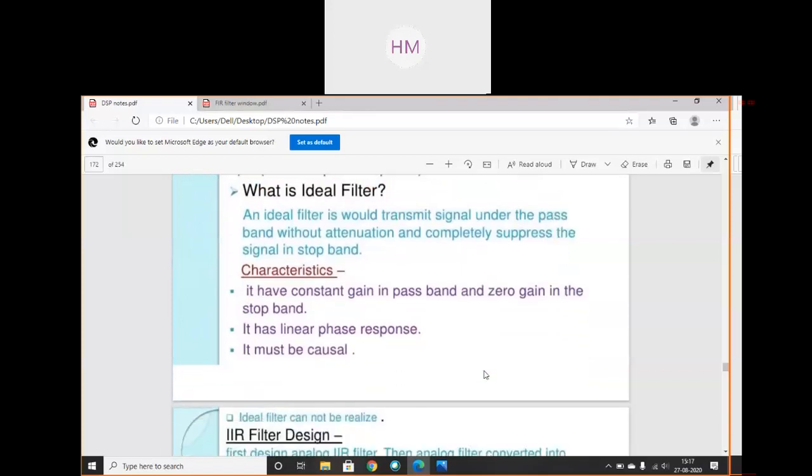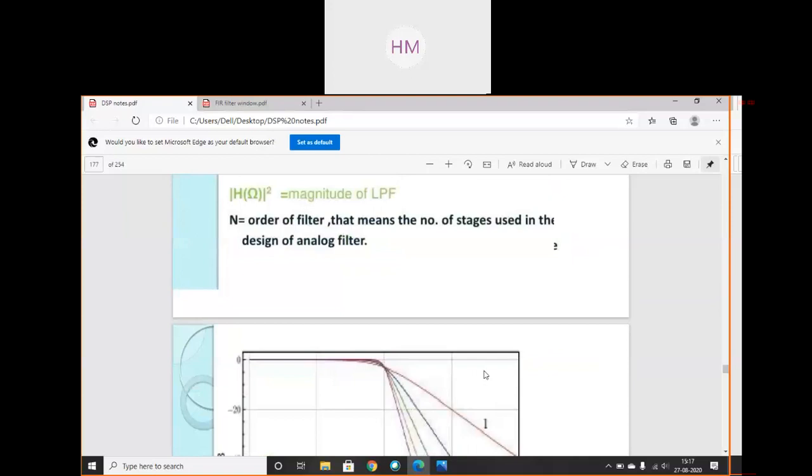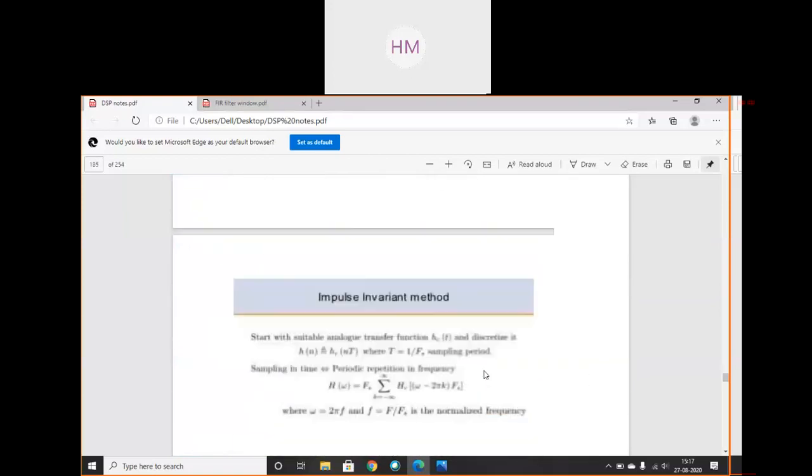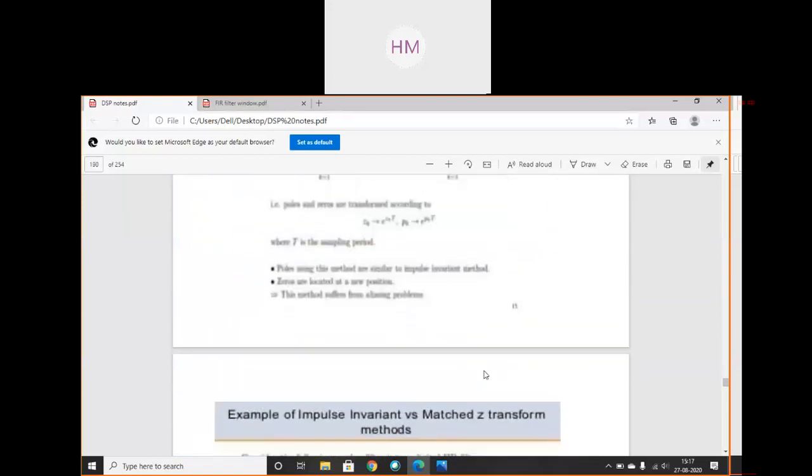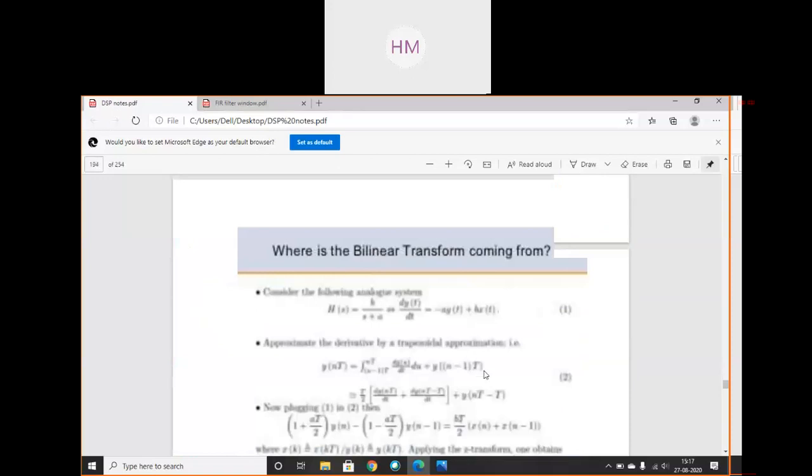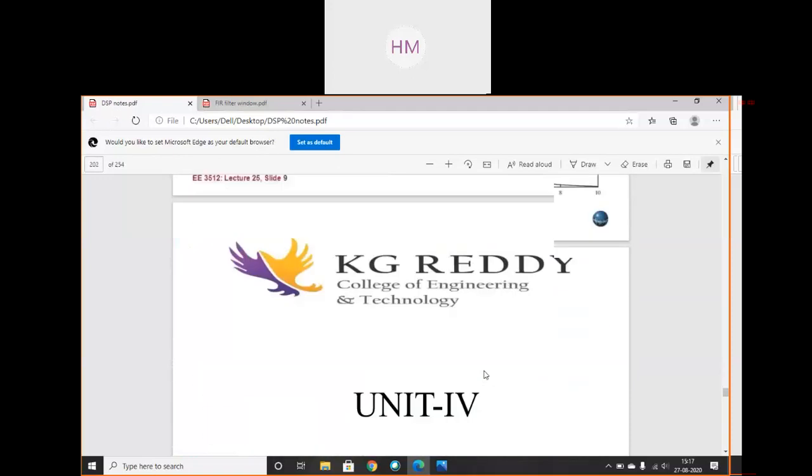So what are the characteristics? It has constant gain in the pass band and zero gain in the stop band. It has a linear phase response and it must be a causal system. These are the major characteristics of ideal filters.